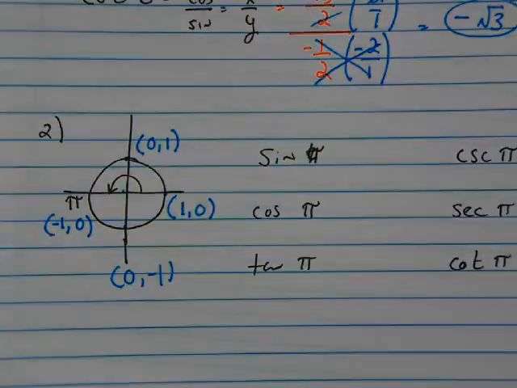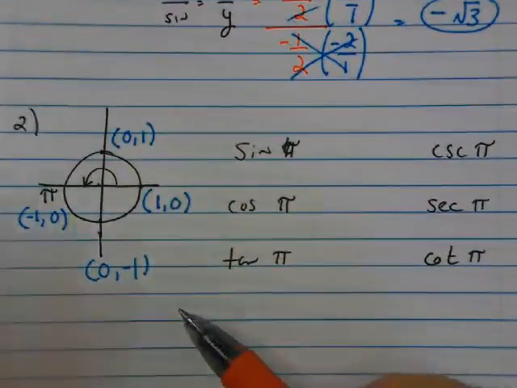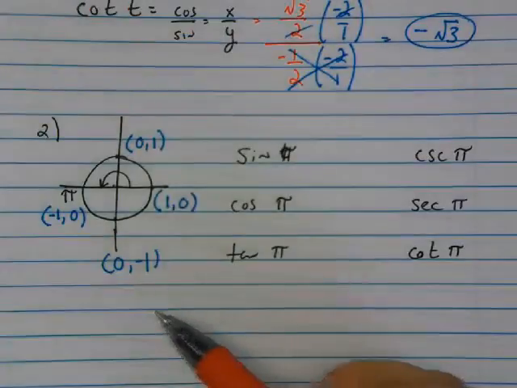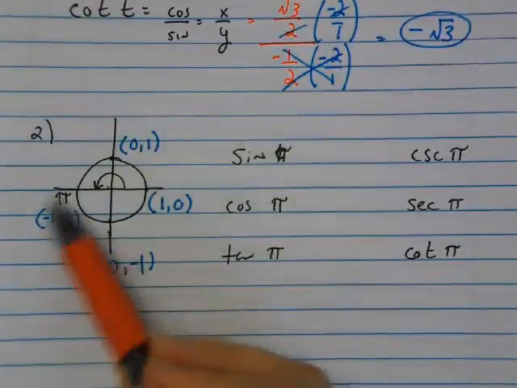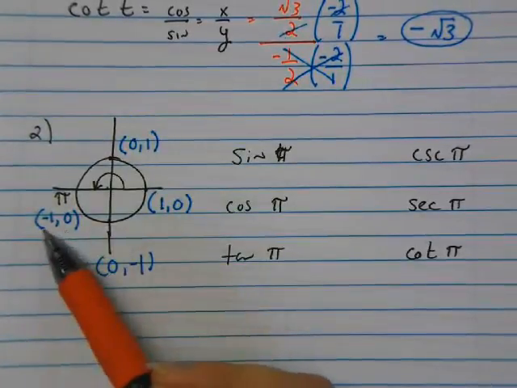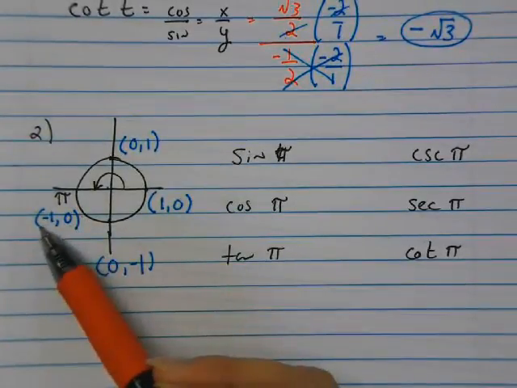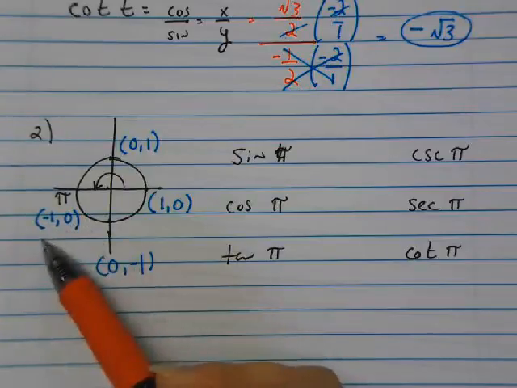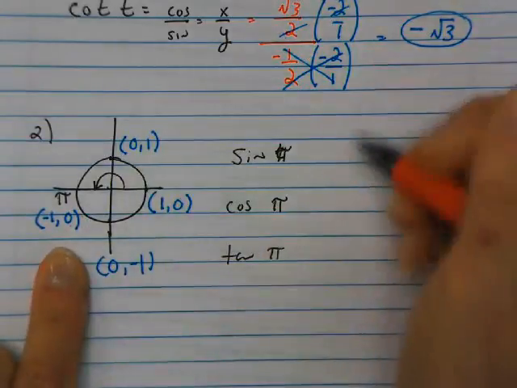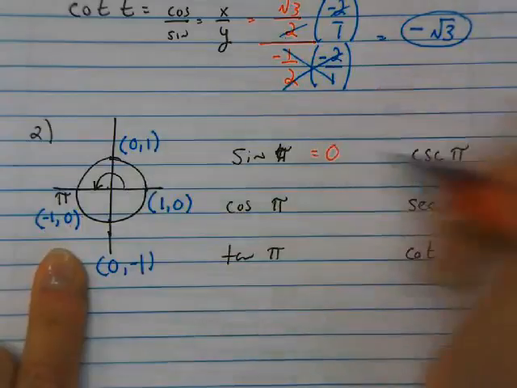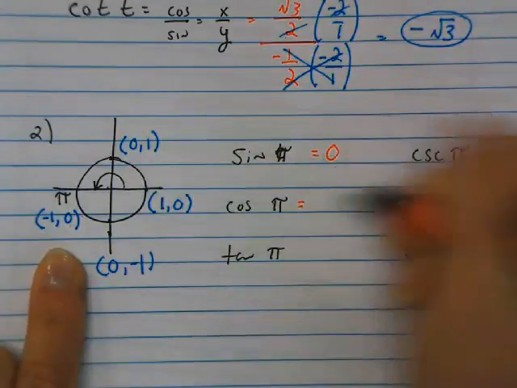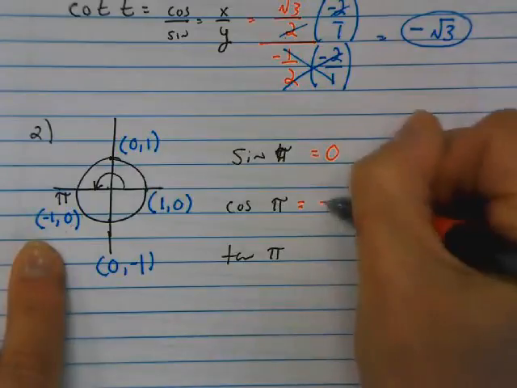Alright, let's think. Sine represents which value in your ordered pair? Cosine, sine, right? X comes before Y, C comes before S. So my sine would be 0. My cosine is -1. What's the reciprocal of 0?